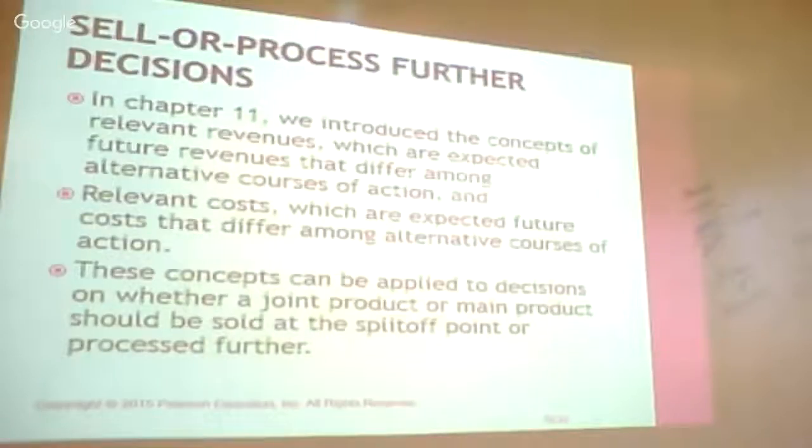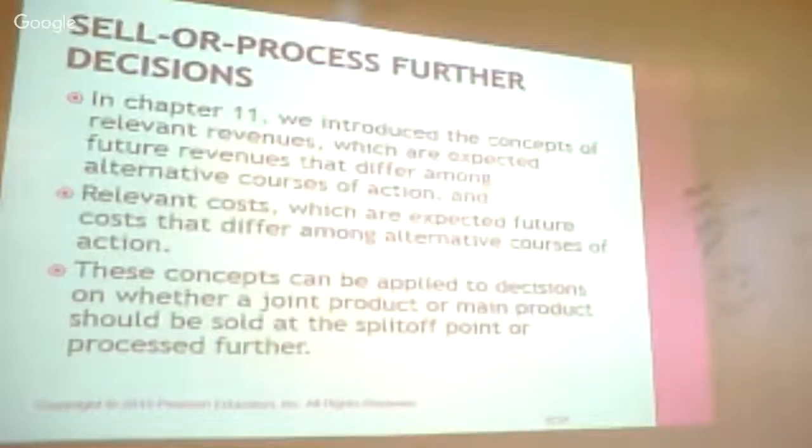Now, sell or process further. So, like before, what did we have? We had raw milk that we made into cream and liquid skim, right? And so in our example, they made a decision to process further, incurred those costs, which resulted in more income. And so we have to make that decision. Is it worth it to do that?